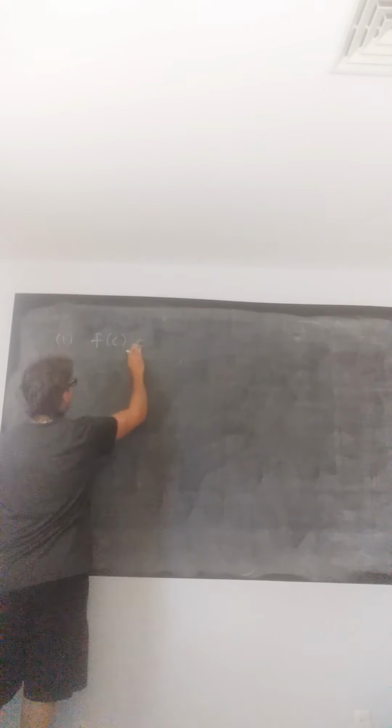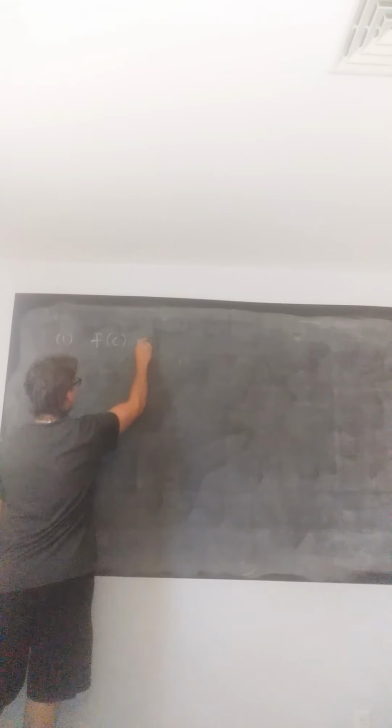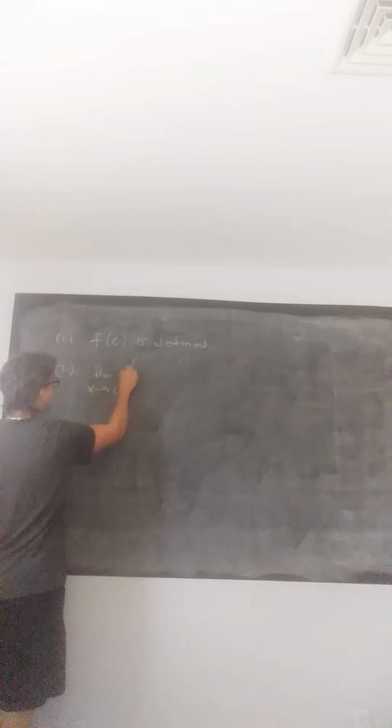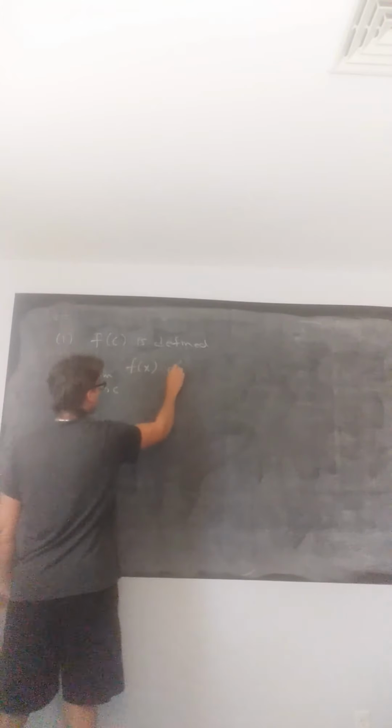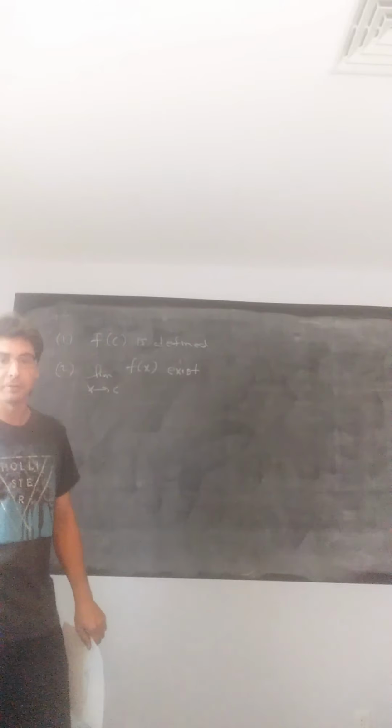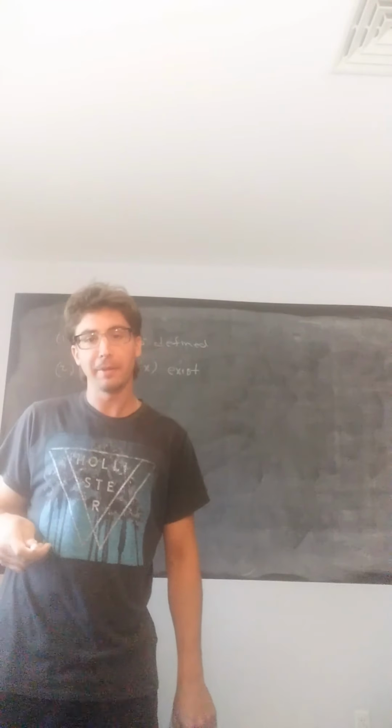f of c must be defined, so that has to be the case. The second thing is the limit as x approaches c of the function must exist. And remember what this entails. This entails that the left and the right hand limit have to be the same.